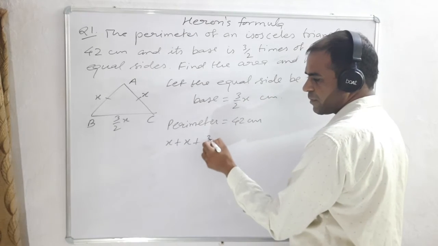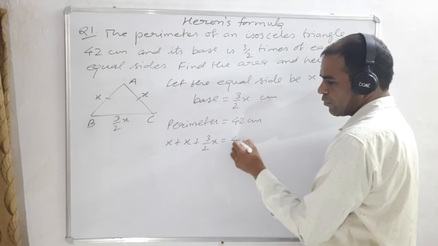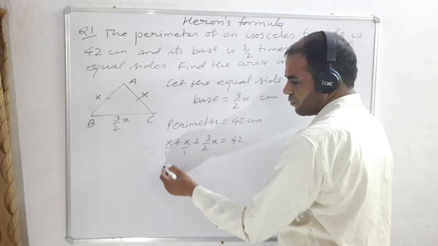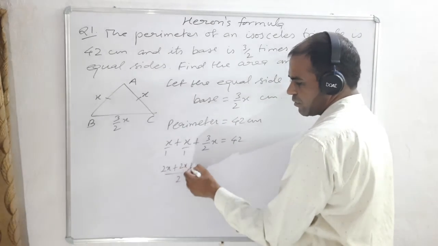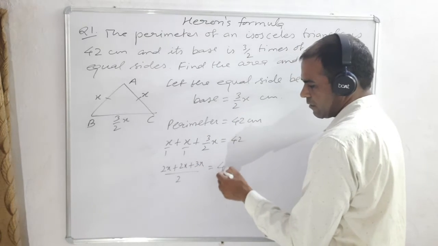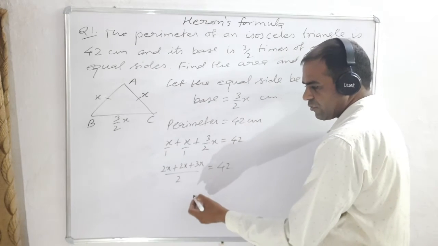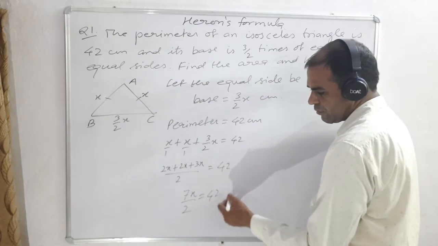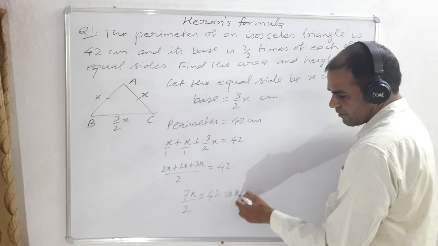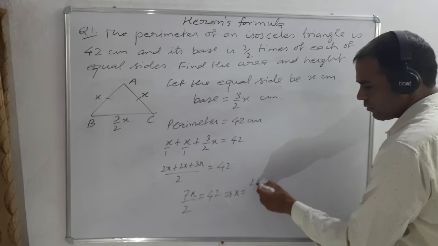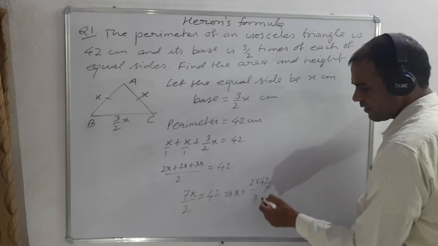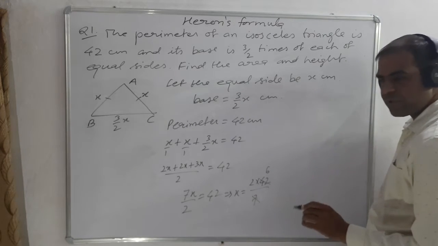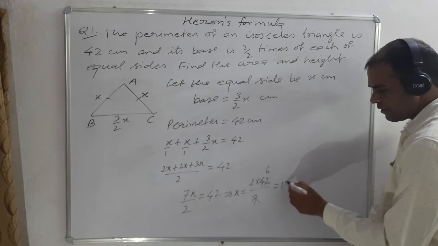So x plus 3 by 2 x equals 42 upon 1, and taking LCM as 2, then 2x plus 3x, 7x upon 2 equal to 42, and x equal to 2 into 42 upon 7. 7 6s are 42, and 6 2s are 12.